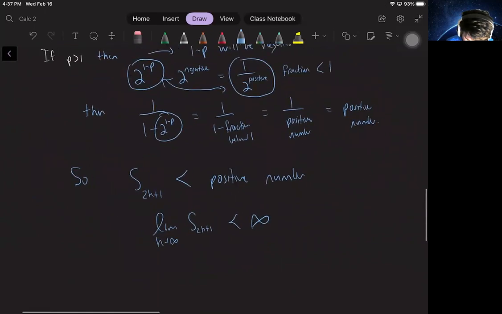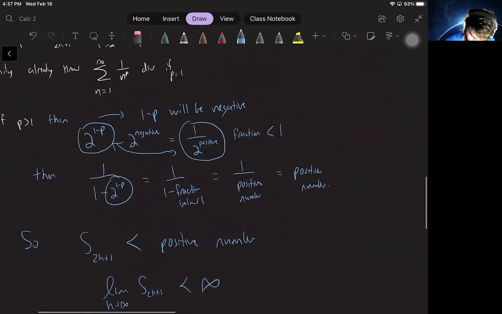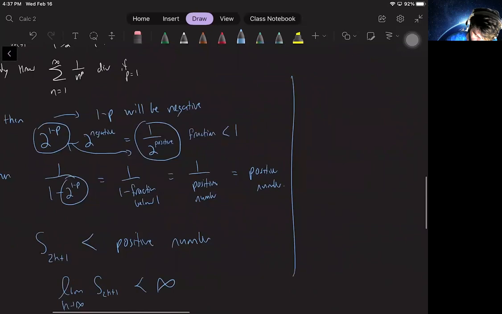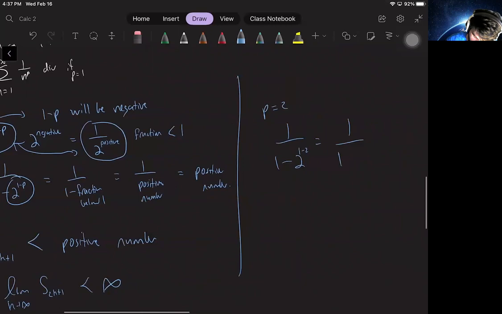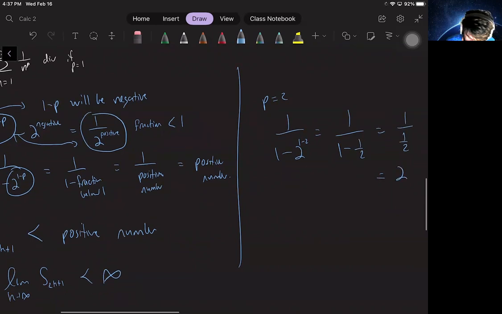So for example, if p was 2, you could figure out exactly what it is if you want. Then it would be 1 over 1 minus 2 to the 1 minus 2, would be 1 over 1 minus a half, would be 1 over a half, would be 2.